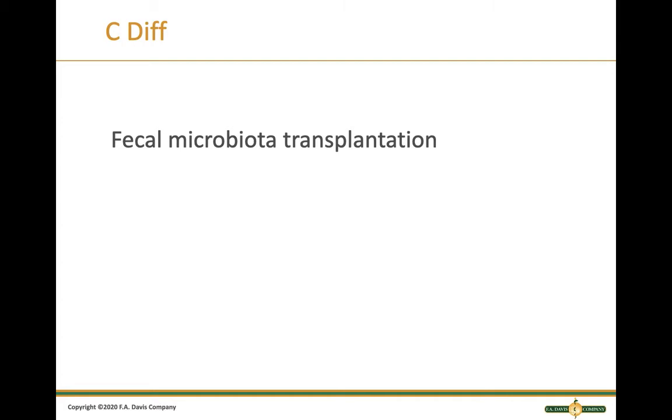Usually it's done through an enema. And then the good bacteria, they multiply, and then they kind of crowd out the bad bacteria, and it's kind of an amazing treatment, and it's also very cheap because people generally don't charge a lot for feces.